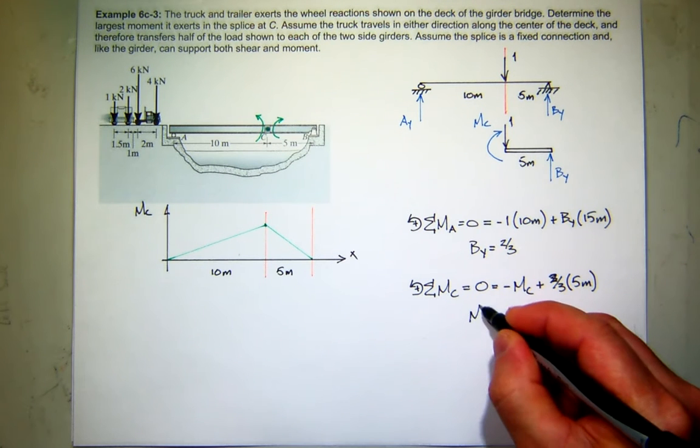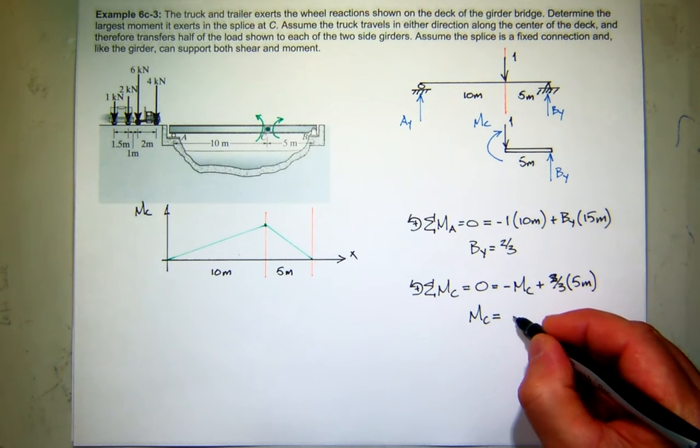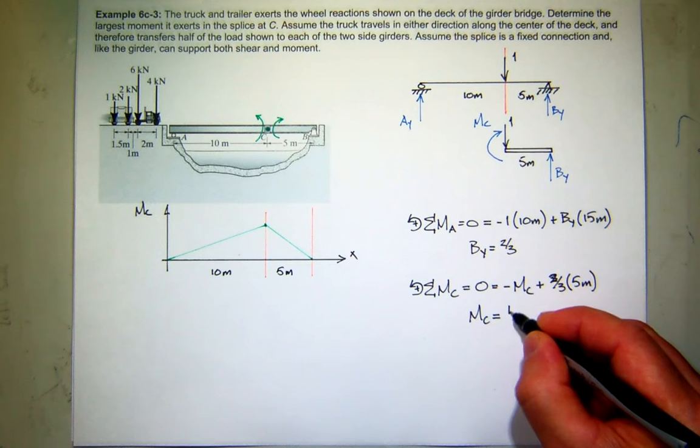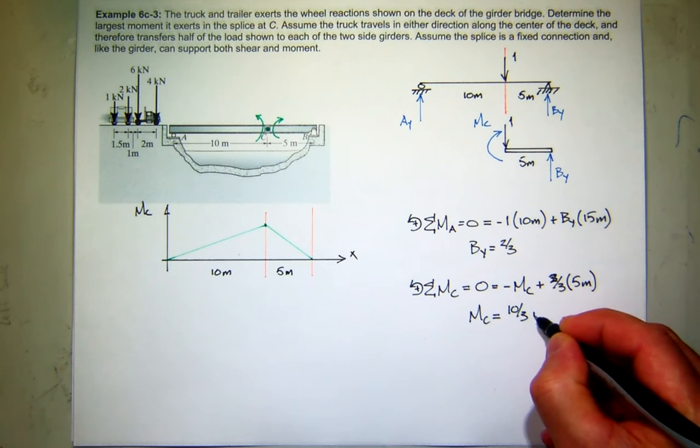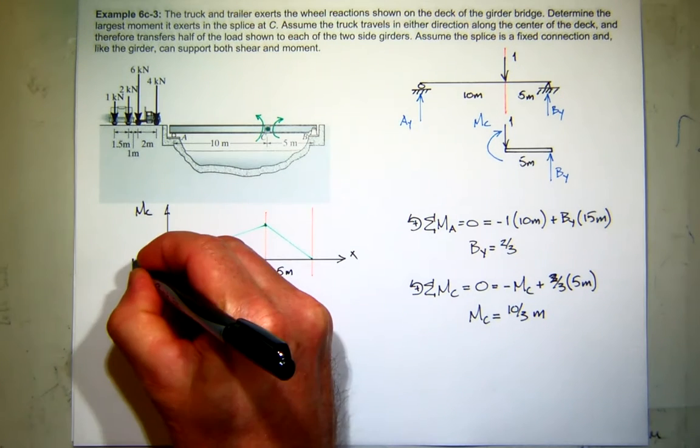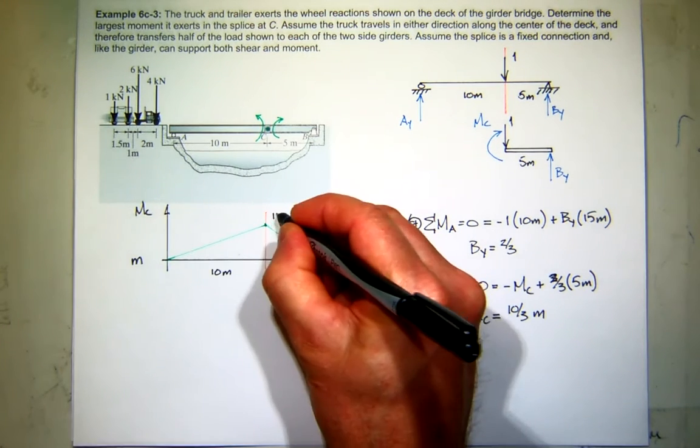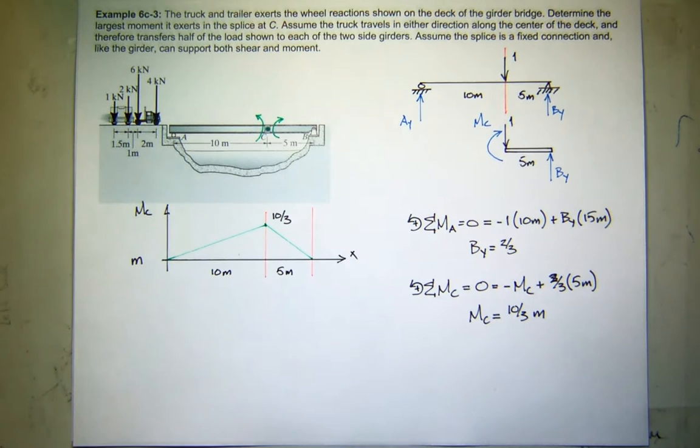So it looks like the moment at C is 10/3 meters. So this will have the units of meters, and this will have a value of 10/3. Okay? Mr. McBride, any question? So that's the first part of the problem.